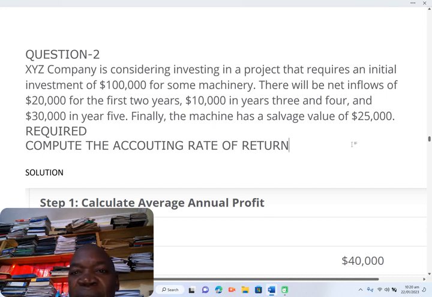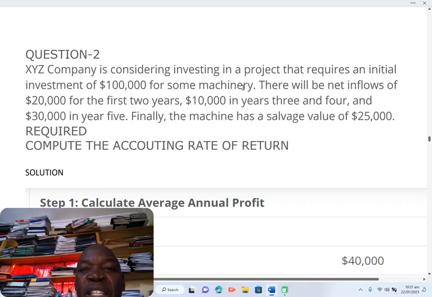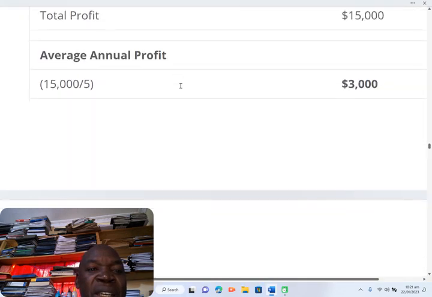Actually, in this case the cash flows are uneven. They are flowing differently. Technically, the useful life of the machine is 5 years.